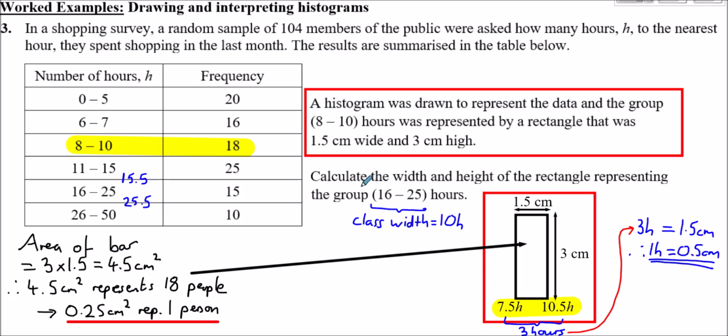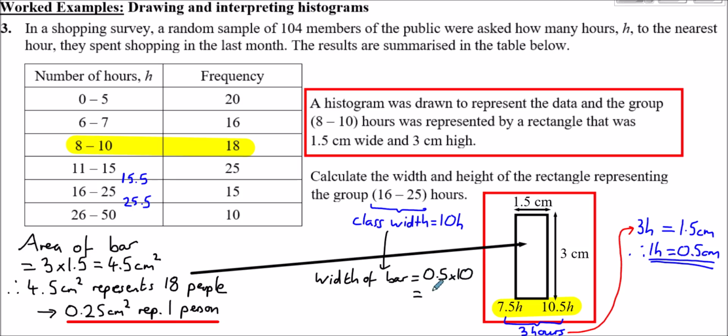So for this one here, from 16 to 25, if the class width is 10 hours, that means the width of this bar must be 0.5, which is 1 hour, multiplied by 10, because we need 10 hours.